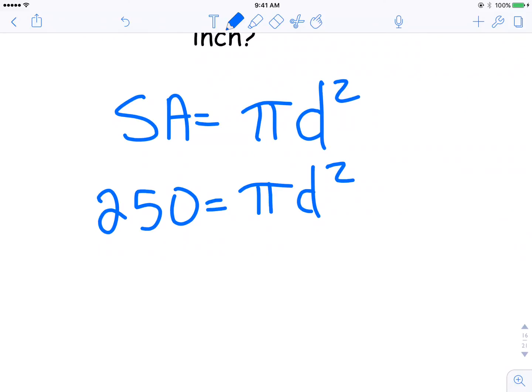The only thing I need to do is get this variable by itself. I need to first get rid of pi, so I do the opposite function. I divide by pi, because this is pi times diameter. I divide the other side of the equal sign by pi.